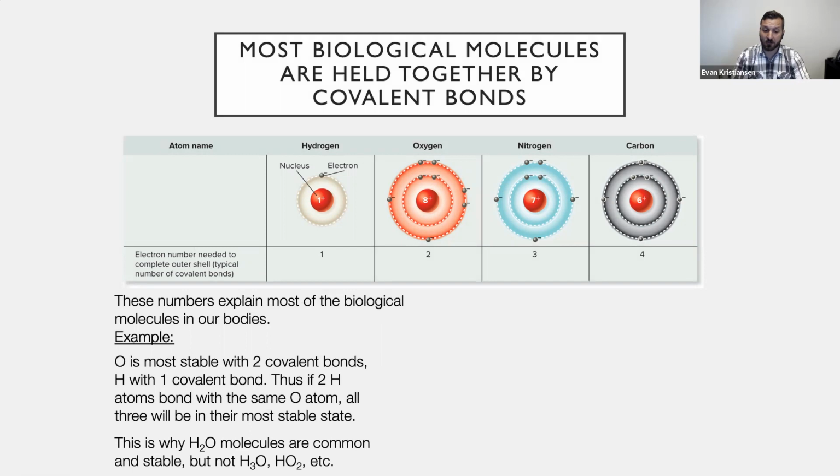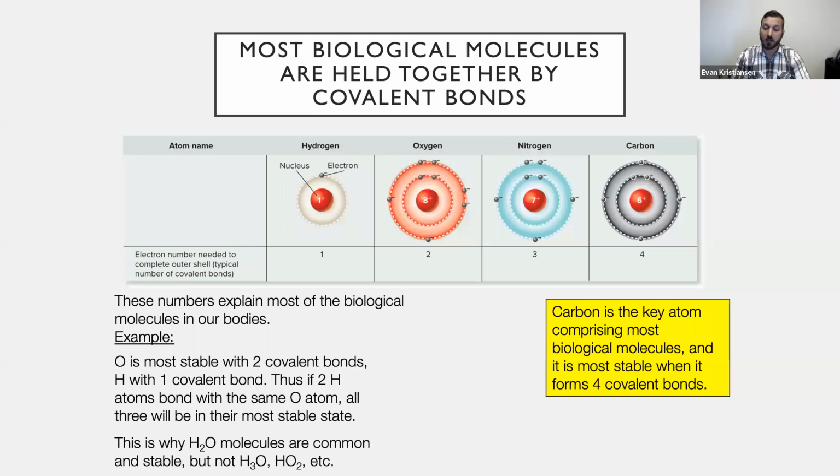Now, it is possible to create other molecules, but these would be very energetically unfavorable and are not common whatsoever. Carbon is a really key atom in our biology specifically because it forms 4 covalent bonds, which lets it create very complicated molecules.